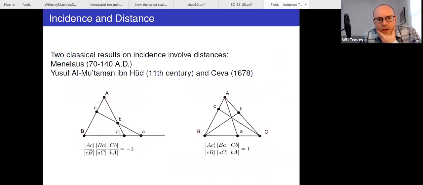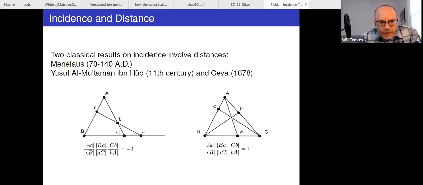Okay, let's look at a few other classical incidence results. So one is due to Menelaus, and it's here on the left. It says that 3 points A, B, and C are collinear when they strike the edges or extended edges of a triangle in a very special way.